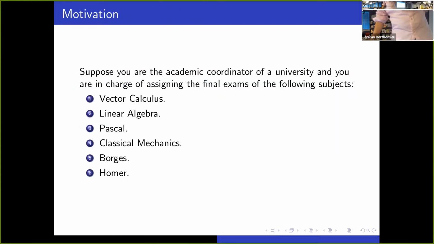Why is it important to study this set? Okay, this is a motivation. Suppose you are an academic coordinator of a university and you are in charge of assigning final exams of the following subjects: vector calculus, linear algebra, Pascal, classical mechanics, Borges and Homer.